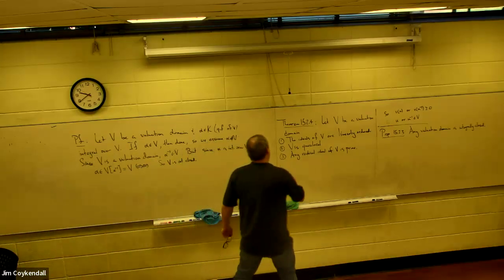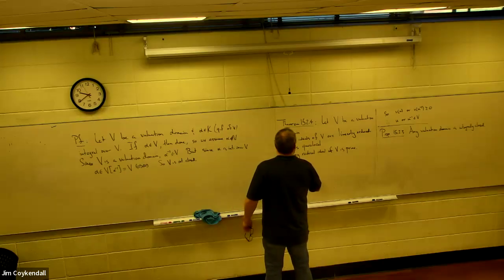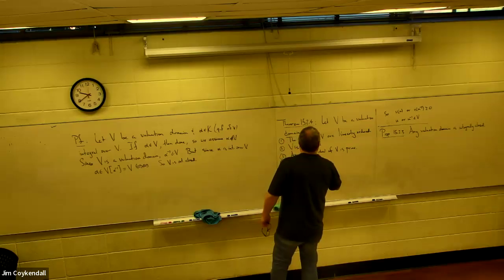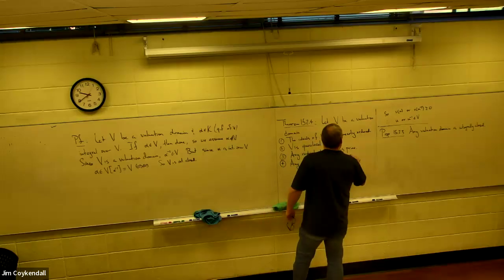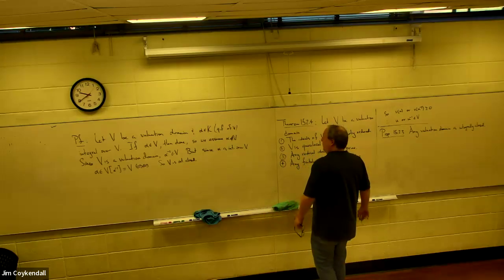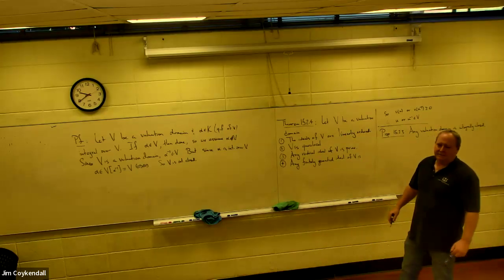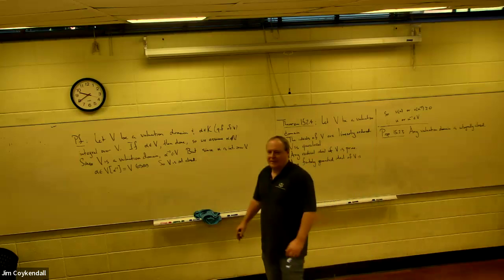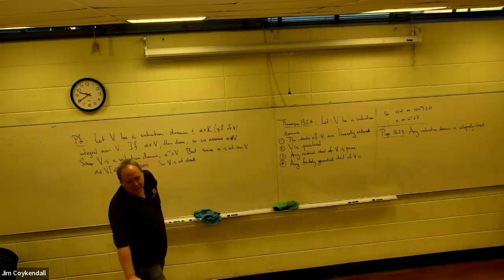Number four. This is another one. Any finitely generated ideal of V is, anybody want to guess? Given the property that any two elements, one of them divides the other, you should be able to figure this out in principle.